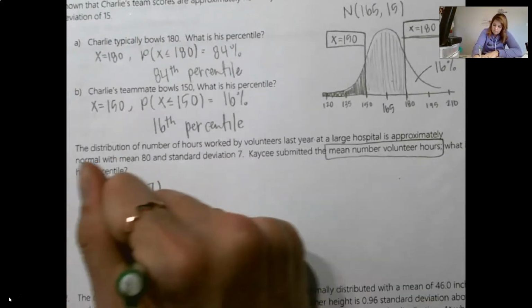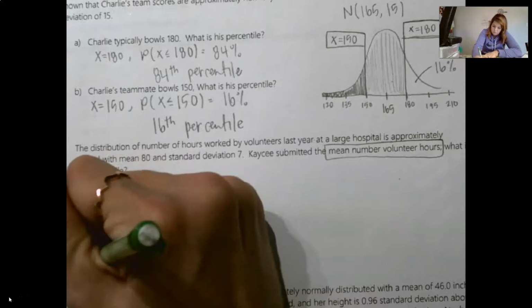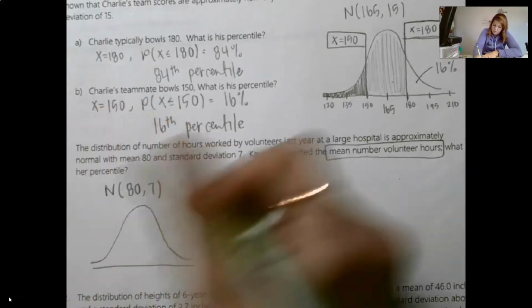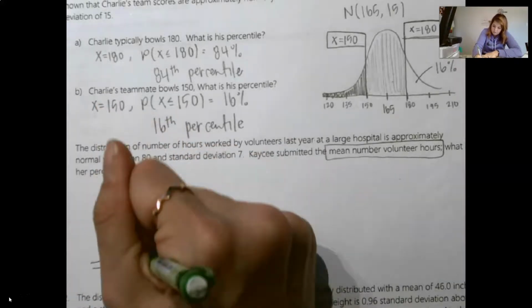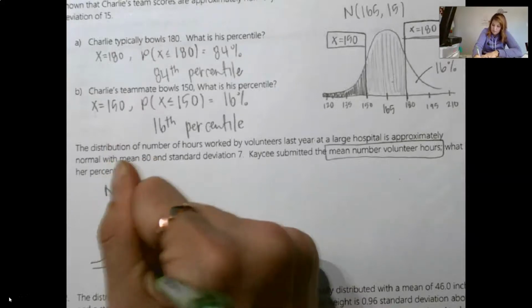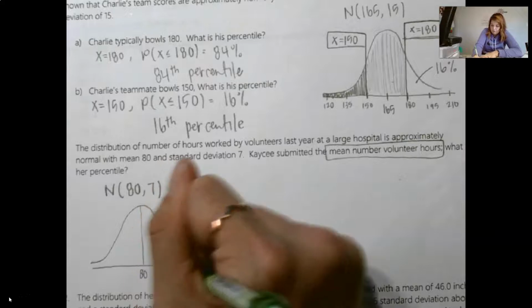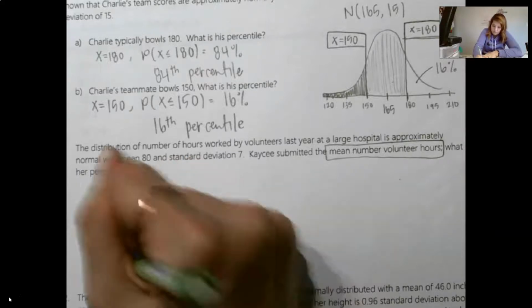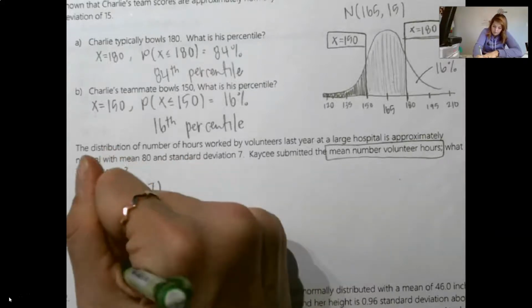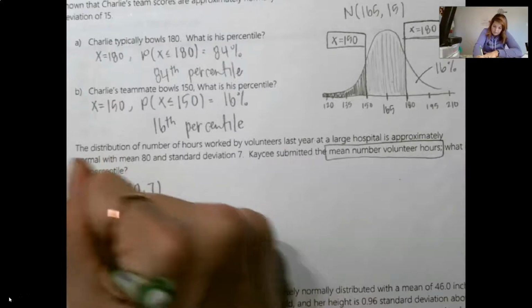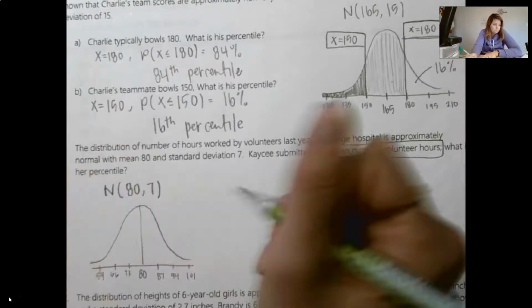Okay, well, we draw up this normal curve. We know the mean is in the middle at 80, 87, 94, 101, 73, 66, 59.